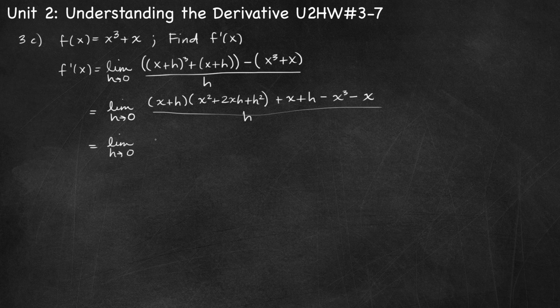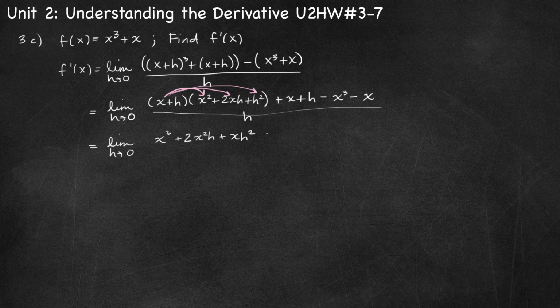Okay, so still working on simplifying my numerator. Let's just distribute the x first, and then I'll go back and distribute the h. So x times x squared, x times 2xh, x times h squared.